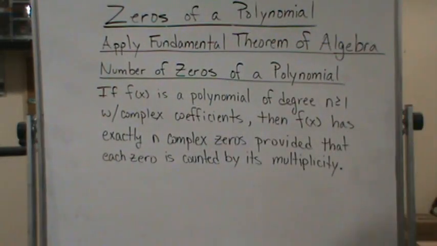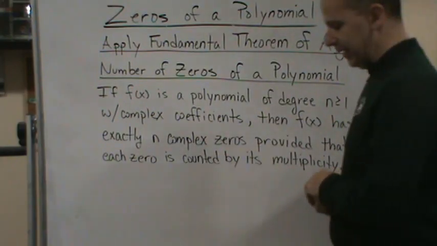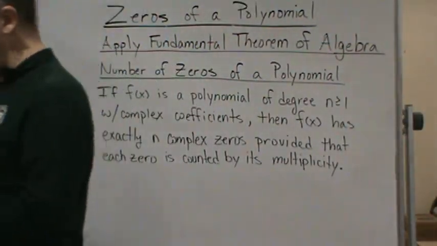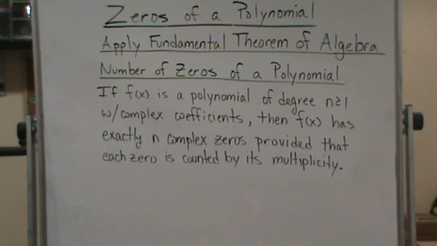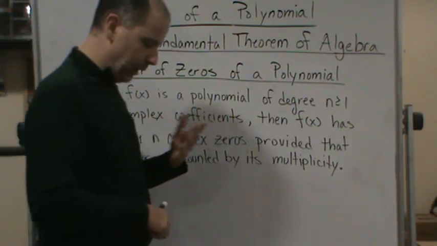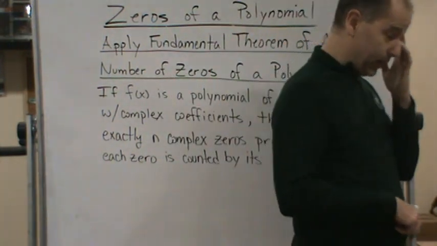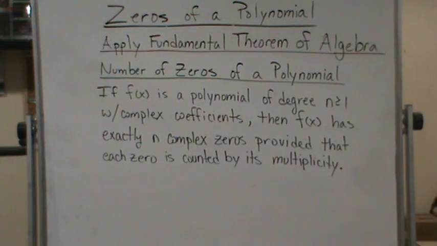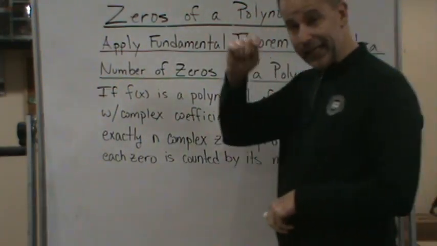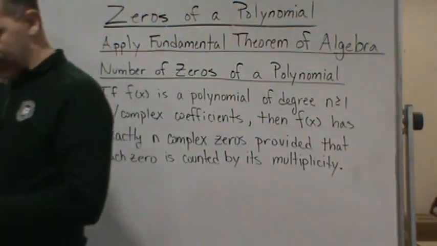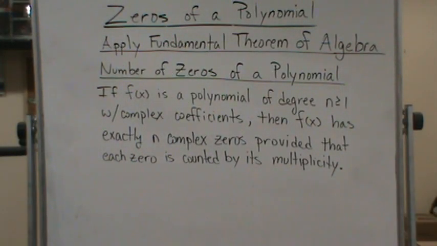And then the linear factorization theorem says, if we have a polynomial of degree at least 1, where the leading coefficient is not 0, then we can factor the polynomial into a product of linear factors, where all of the c values in the factors x minus c are complex numbers.